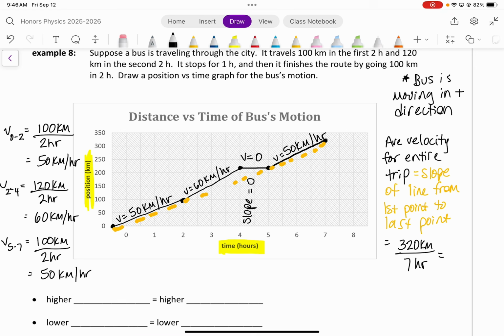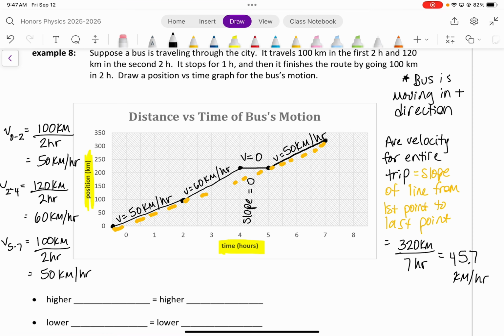And what does that give us? So total average is going to be 45.7 kilometers per hour. Right? So that's the average velocity for the entire trip.